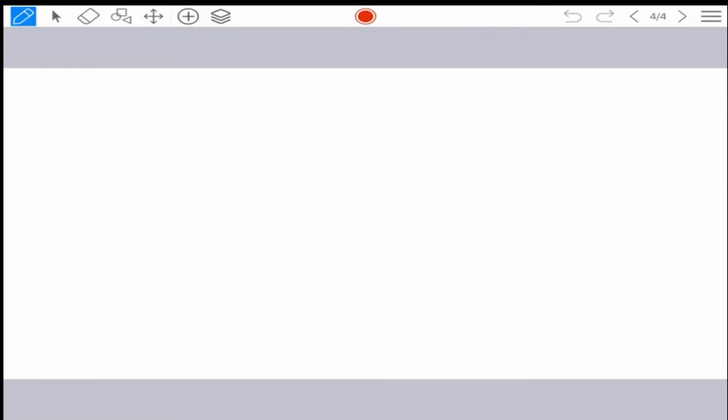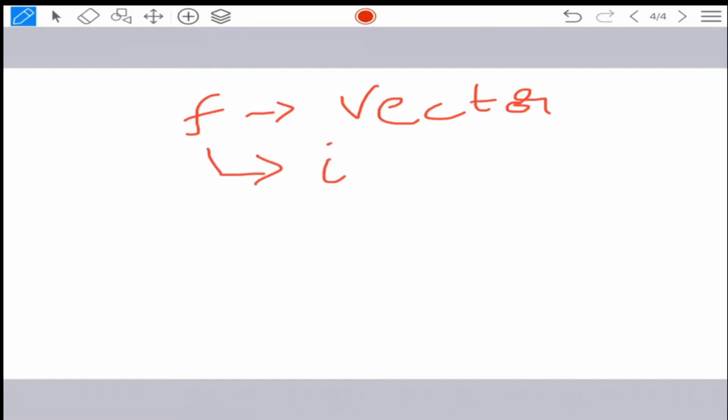Next, when f is a vector, it implies f equals i bar f1 plus j bar f2 plus k bar f3.